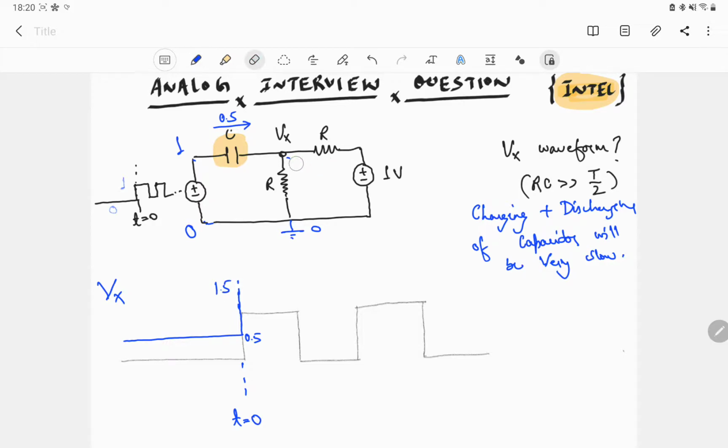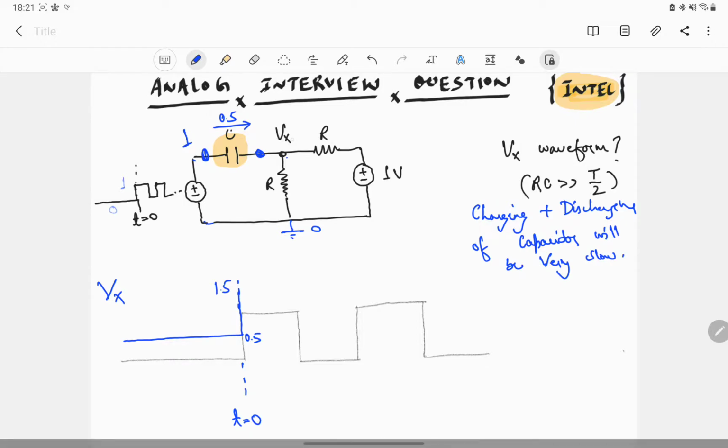Now leave the capacitor's voltage. If we want to know the final charge in the capacitor, it will be like the previous case. Just open circuit the capacitor and find the voltage across it. So 1 volt is there and 0.5 volt is on this side, right?